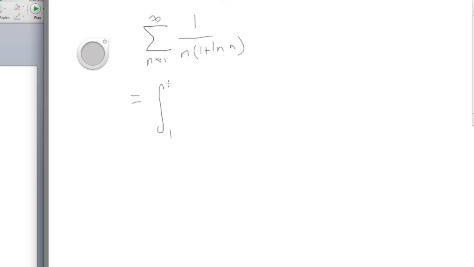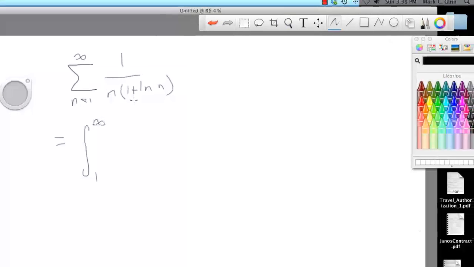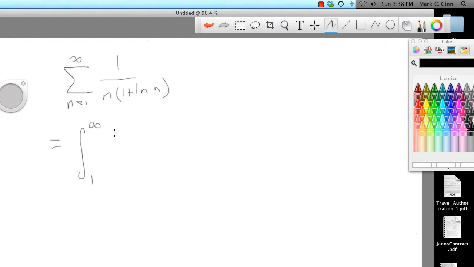I don't know what I would compare it to because I don't have anything with n log n's on the bottom that I know about converging or diverging. So I take the integral of 1 over x times 1 plus the natural log of x dx. Well, to integrate this, I'm going to do a u substitution.